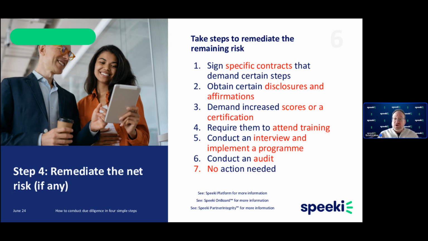It would make me a lot more comfortable if you had a score from a good organization that does scoring or ratings. It would make me feel more comfortable if I conduct an audit. Again, these things are meant to rehabilitate. We've got the facts. The facts are that there is net risk. The question is, what do we do about it? Do we keep going or not? And if we keep going, what are the conditions that we take, if any, to reduce the risk further?